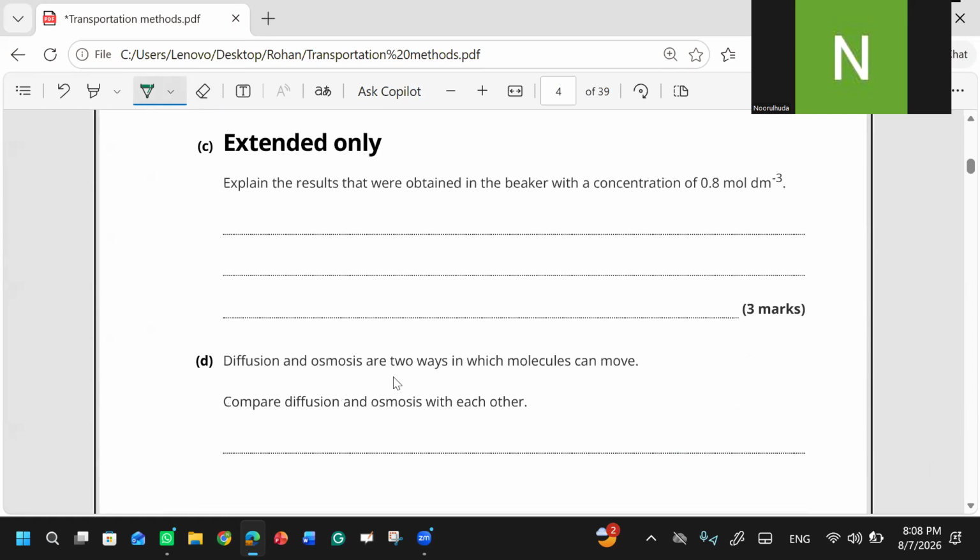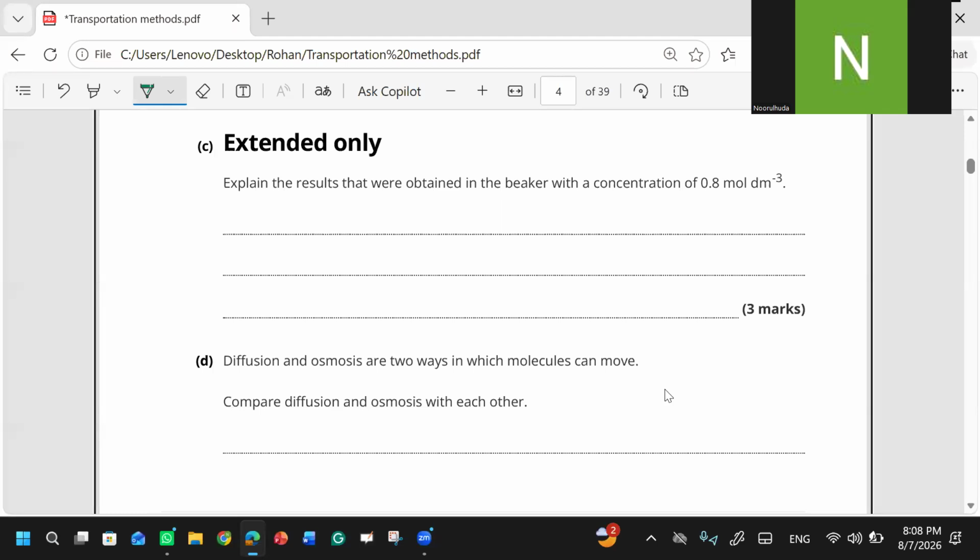Diffusion and osmosis are the two ways in which molecules can move. Compare diffusion and osmosis with each other. I just wrote similarities and differences in a table. The similarities are that they both involve particles moving down a concentration gradient, from high to low. And I wrote both are passive processes that do not require ATP, they won't require energy.